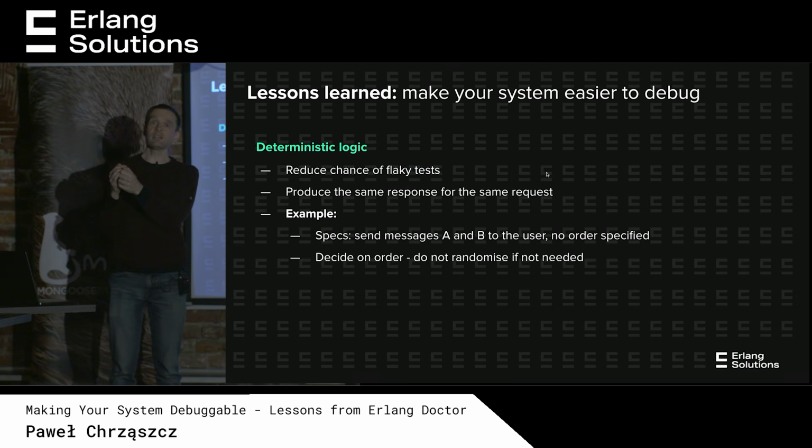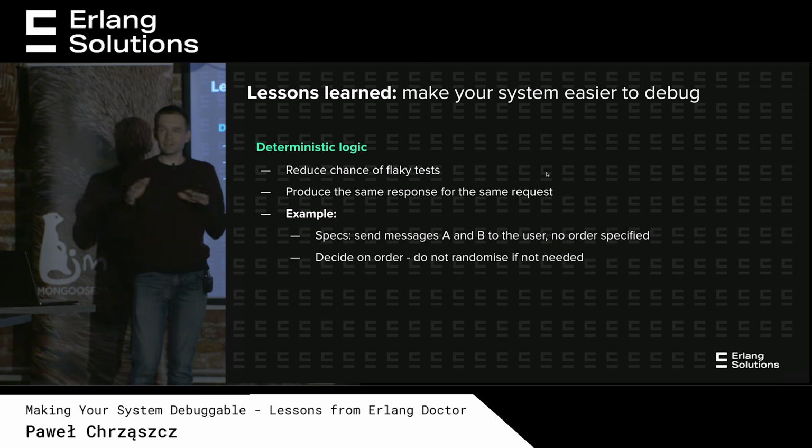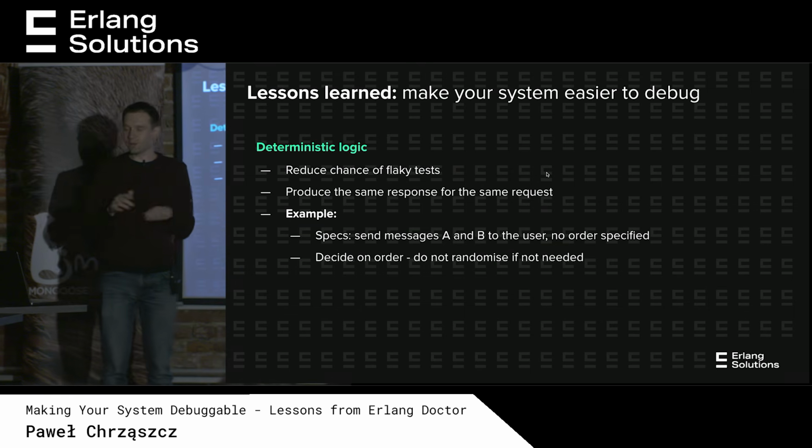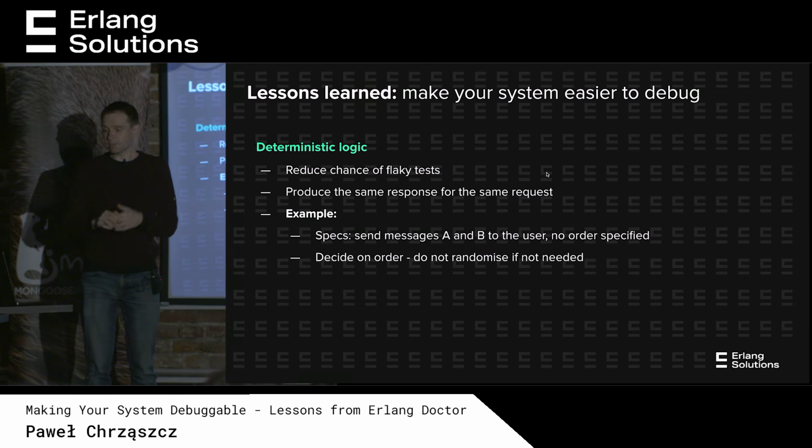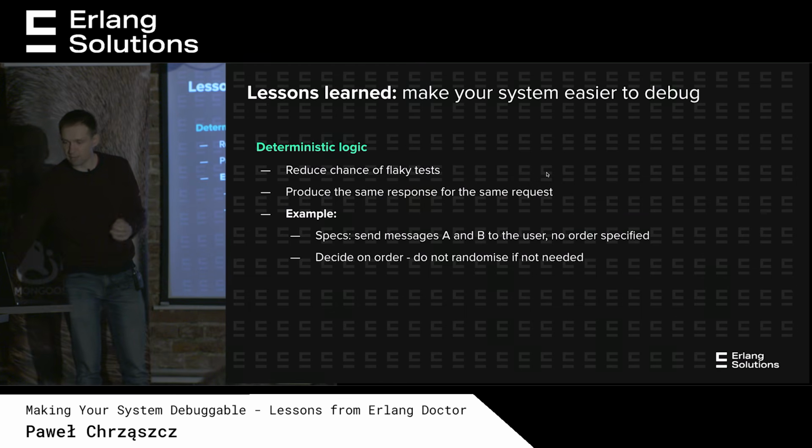Let's say in 1,000th of all cases, you send BA instead of AB. And let's say that client crashes in that condition. And they will crash very, very randomly, and it will be almost impossible to reproduce. So if you can, it would be great to have this AB order set, even if the specification doesn't say so.